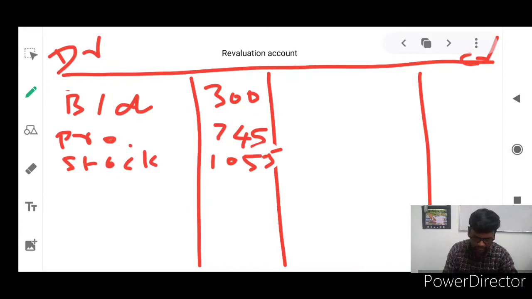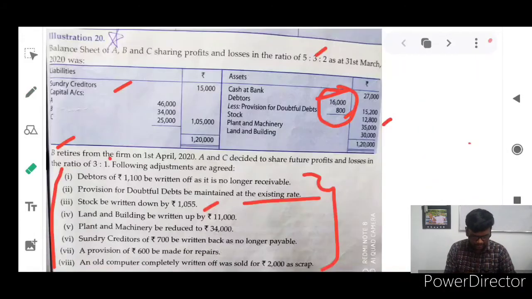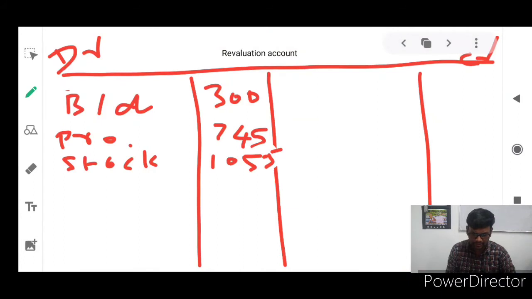Okay, good. The next one: land and building written up by 11,000 rupees. That means 11,000 rupees increased for land and building. The actual amount of land and building available here is 30,000. From 30,000 to 41,000 it is increased. Anyway, assets increased should be entered on the credit side of the revaluation account.